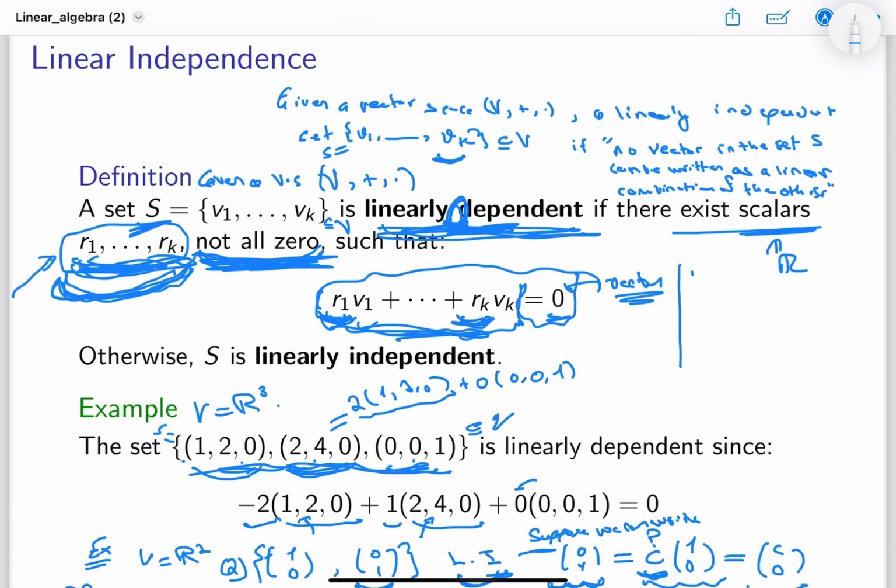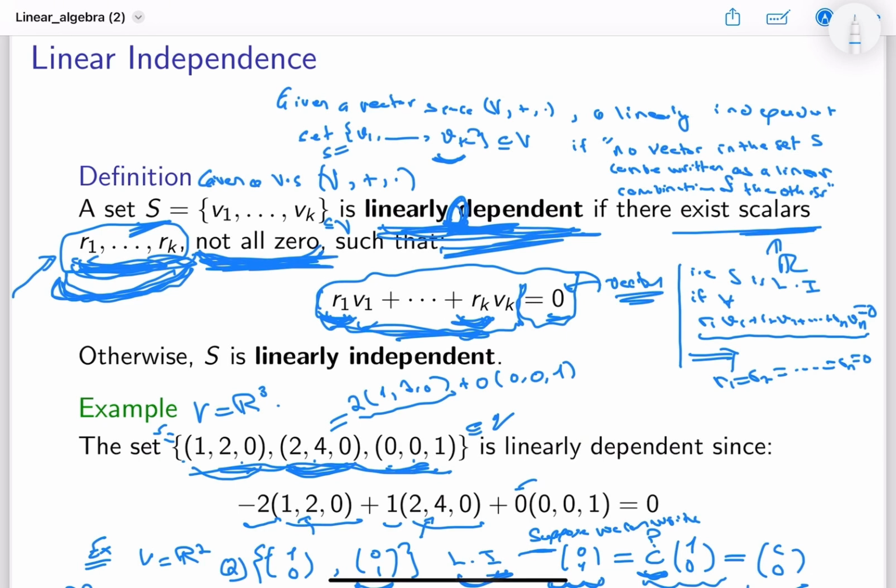That is, S is linearly independent if for every linear combination r1 v1 plus r2 v2 plus dot dot dot plus rn vn, if it is equal to 0, then it must be the case that it's a trivial linear combination, that is, all of the real numbers are zeros.